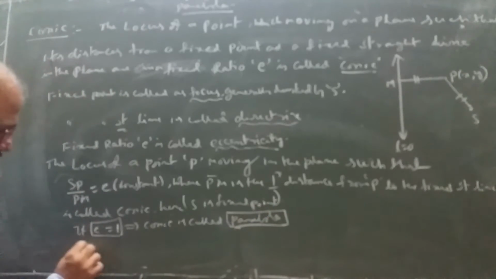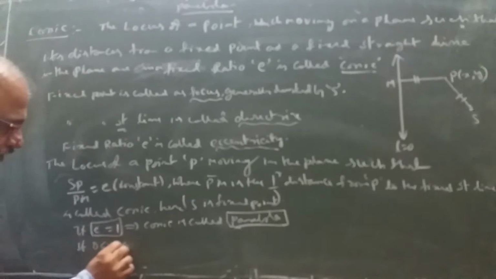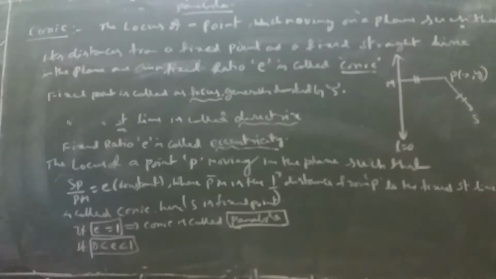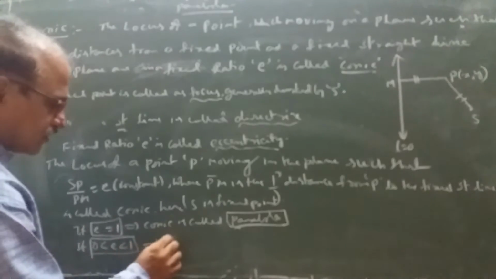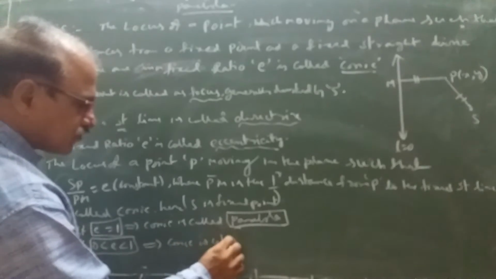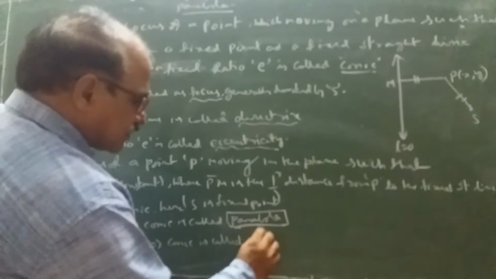If 0 is less than E less than 1, the eccentricity lies between 0 and 1, then the conic is called an ellipse.